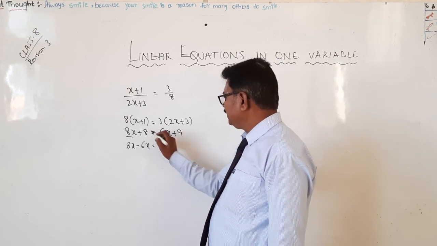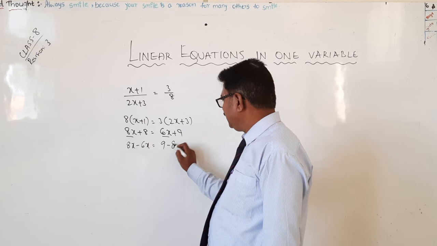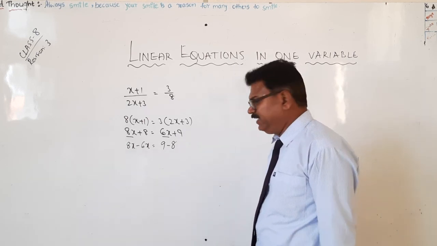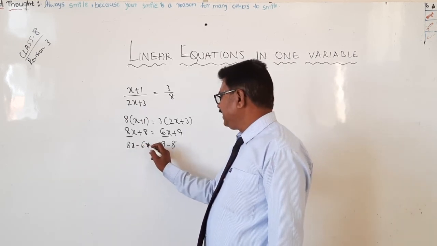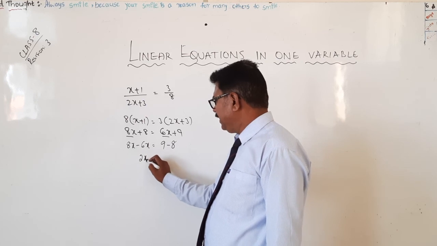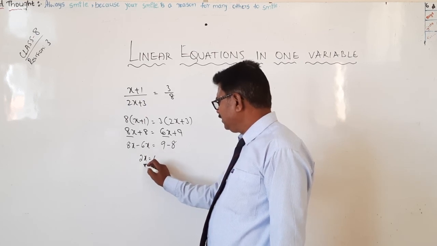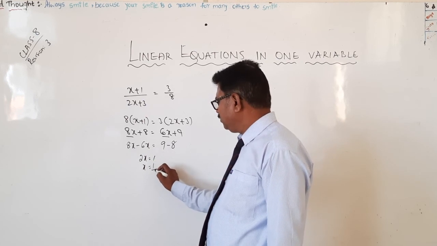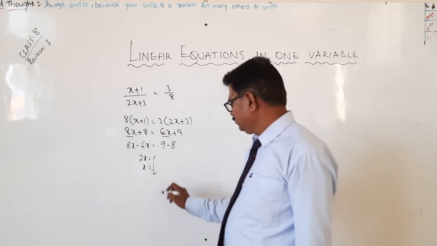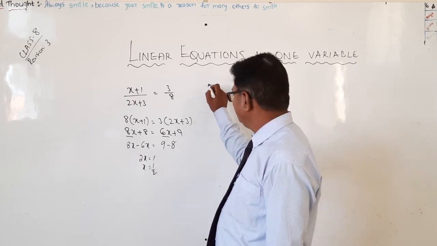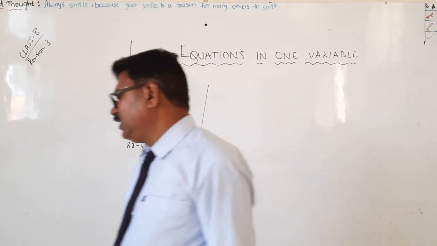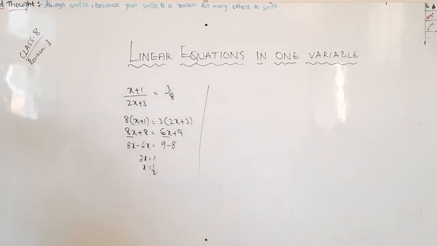The 8, if it comes here, becomes minus 8. Now 8x minus 6x is 2x, equal to 1. Therefore x equals half. So this is a very simple problem. Like that, one more problem.